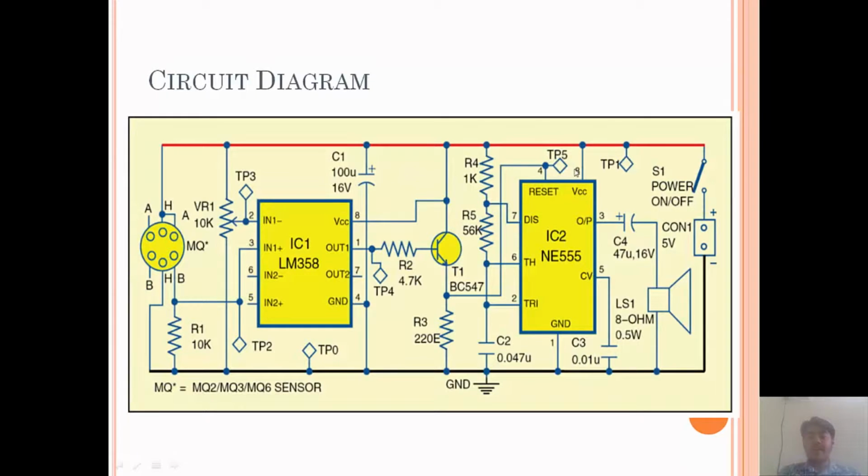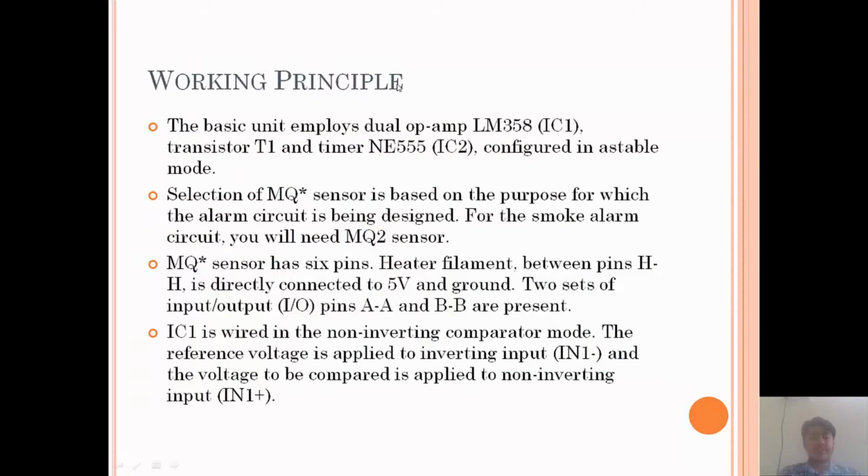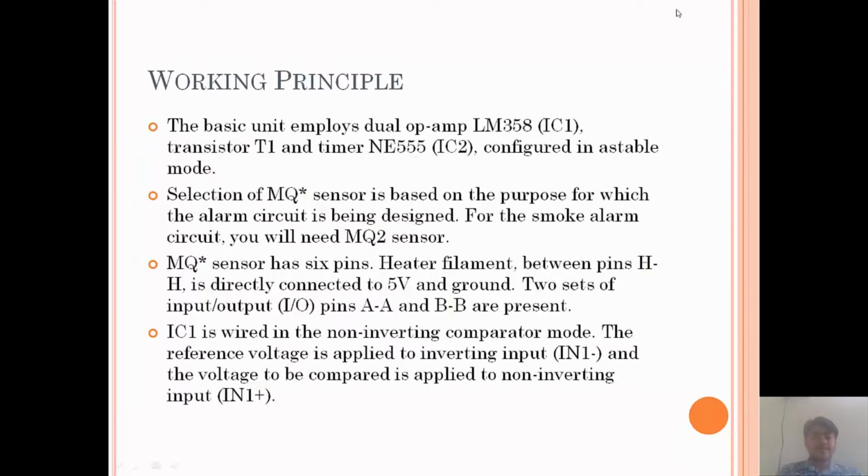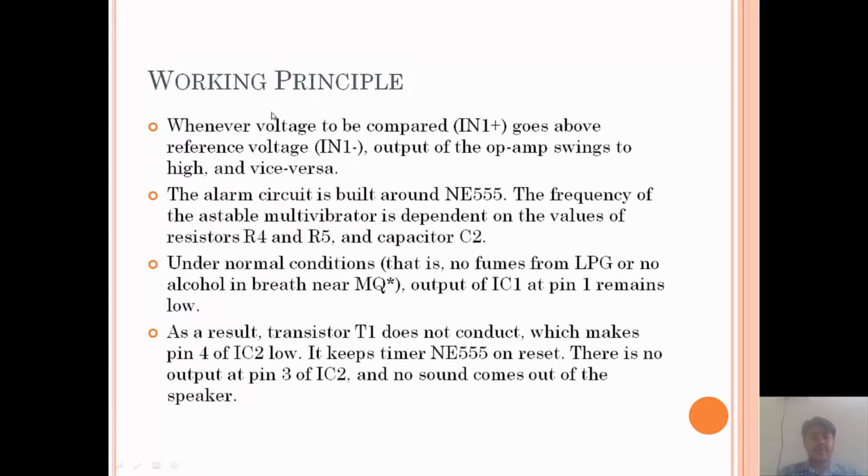When reset is released, we get the output at pin number 3 and the buzzer will ring. So the circuit working principle is done. Now we can see the working principle in these slides.